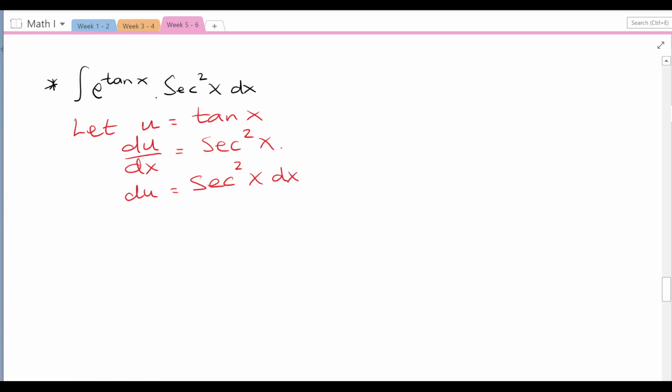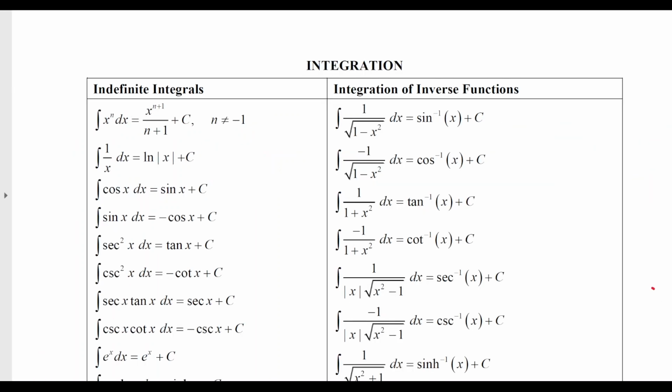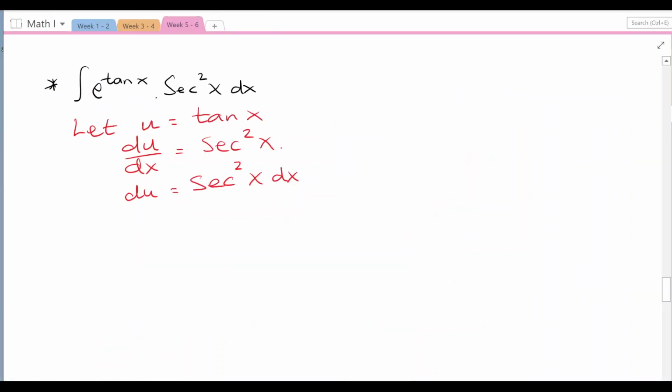The derivative of tan x is equal to secant squared x. So we have secant squared x dx, simply by rearranging, moving the dx to the right hand side, which equals du.